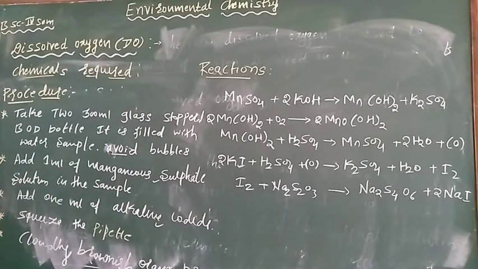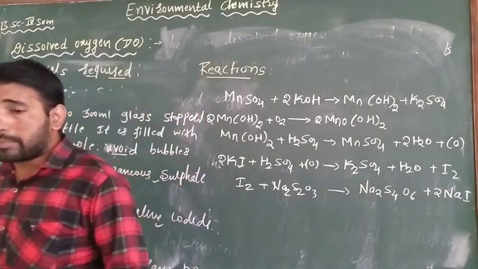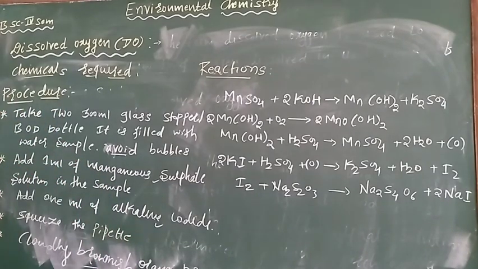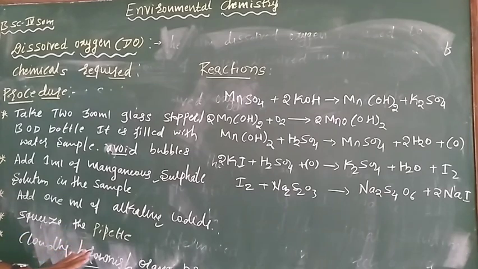Okay, and allow it to settle for some time. When the cloudy brownish orange precipitate is formed, we have to allow it some time to settle down and react completely with oxygen, and then you have to add 2 ml of concentrated sulfuric acid.